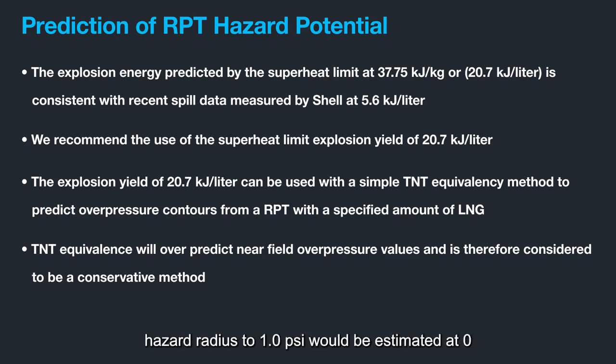The overpressure hazard radius to 1.0 psi would be estimated at 0.82 miles from the centre of the RPT. The RPT hazard radius is well within distances of concern of LNG flammable dispersion to 1/2 LFL for releases from hole sizes ranging from 1 to 5 metres.